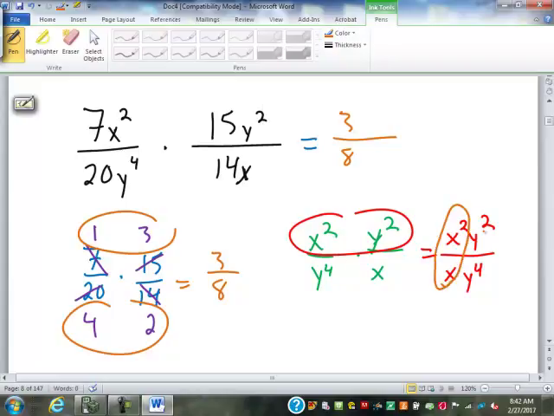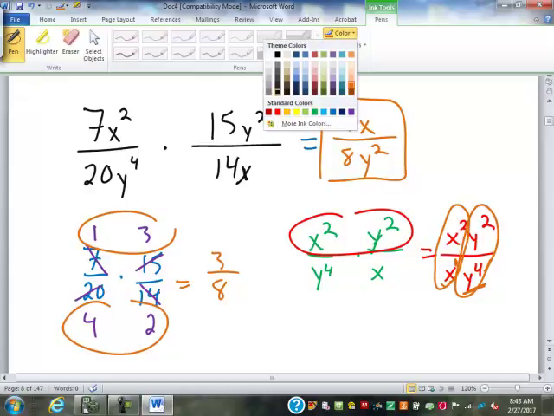Is x going to go on top or bottom? It goes on top, and it'll have a power of 1, or just x. So this is x to the 1. 2 minus 1 is 1. y squared over y to the 4th. Is y going to end up on top or bottom? Bottom. And a power of 2. Good. The larger power, y to the 4th, was on bottom, and 4 minus 2 is 2. So that's our answer right there. 3x over 8y squared.